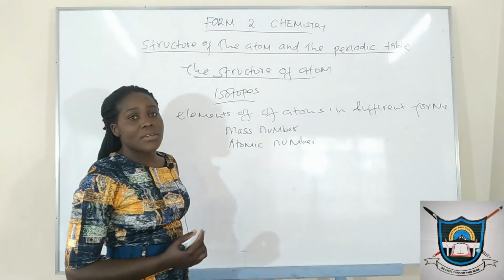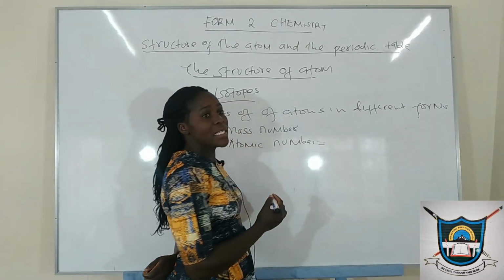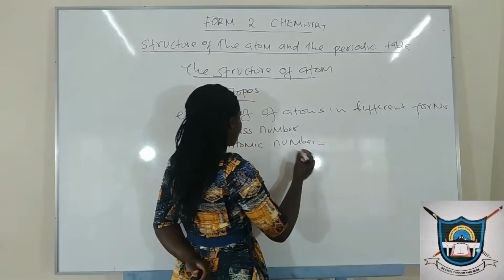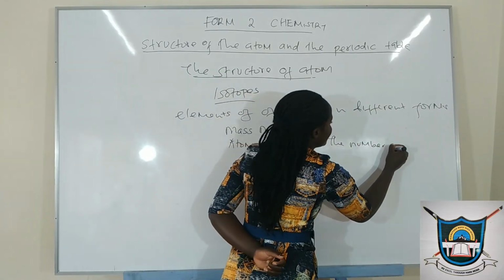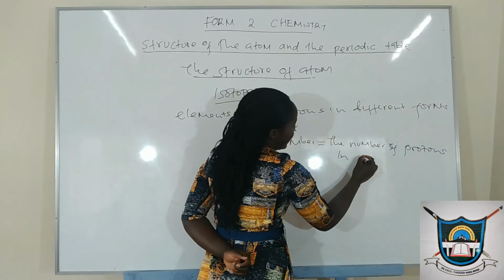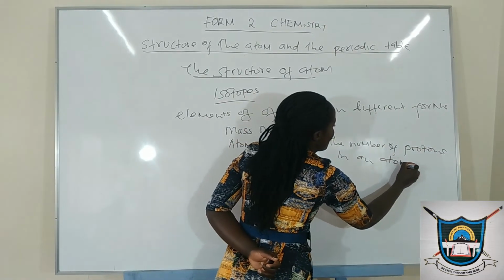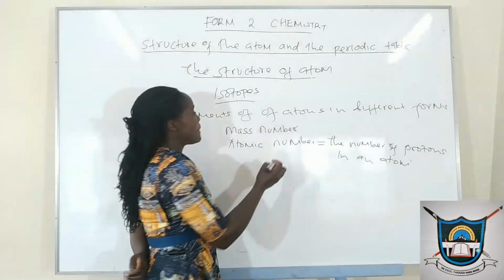I'll begin with atomic number. Atomic number is simply the number of protons in an atom. The second part is about the mass number.